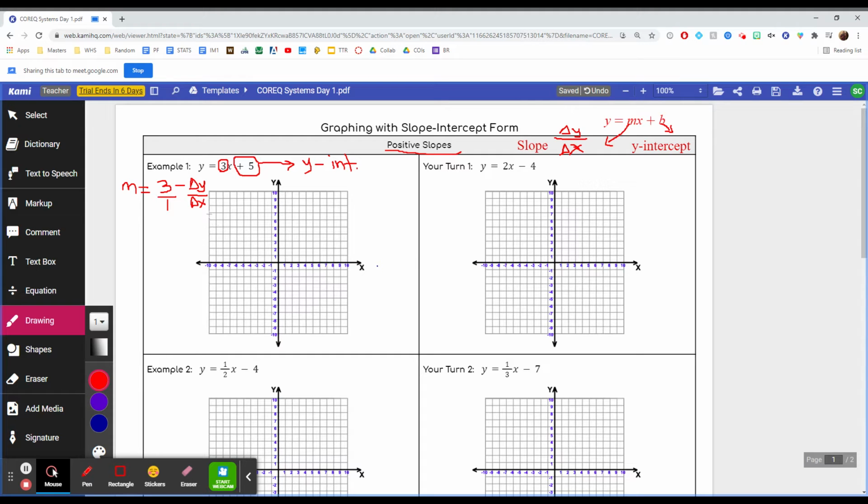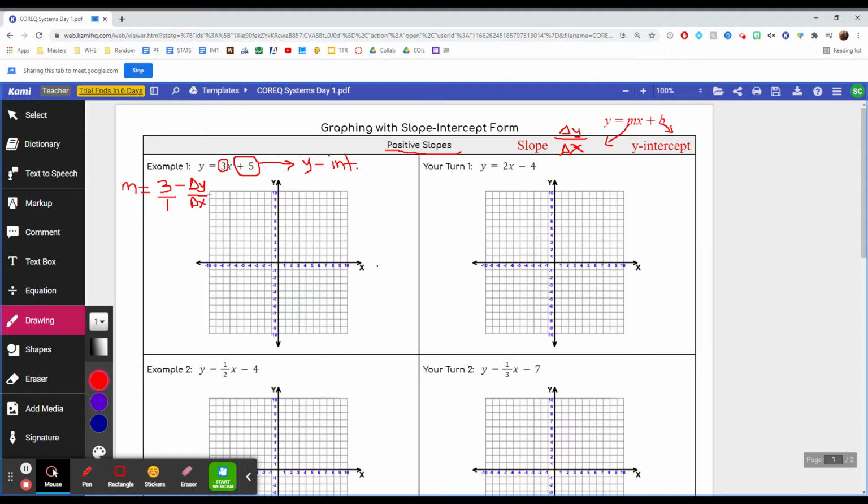If you have a number by itself, then the delta y is going to be the number provided in the equation, and the delta x, the change in x, is a 1. That means it's moving 1 unit on the x-axis and moving 3 units on the y-axis.